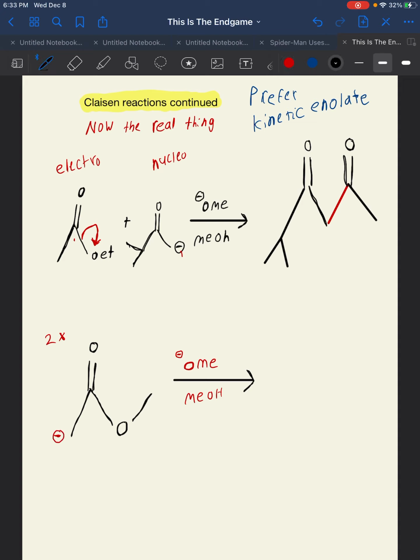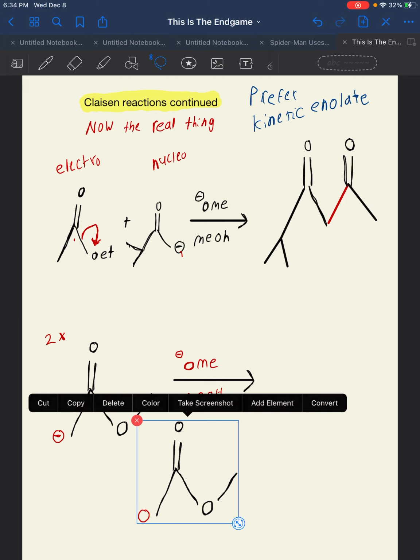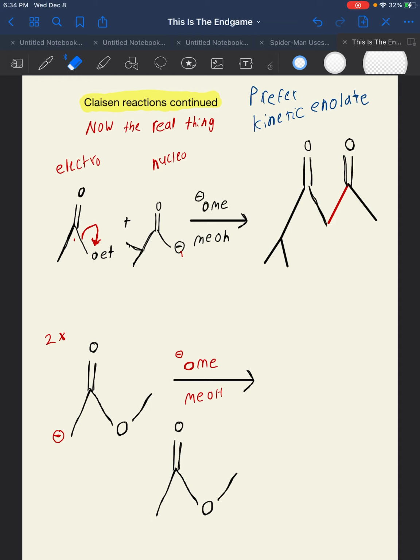We would then have another ester present in the solution right here, which once again can act as a leaving group, opening up this orbital right here in order for the nucleophile to come in and attack, giving you a product that looks like this.